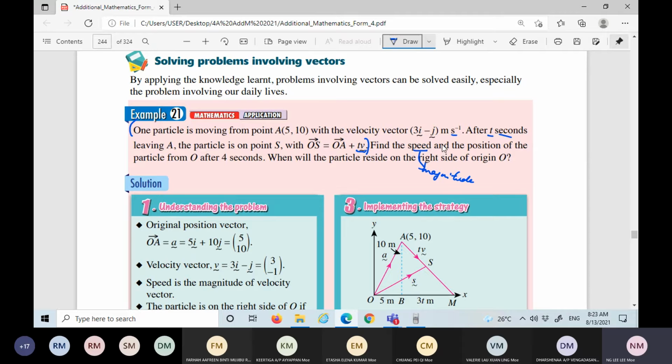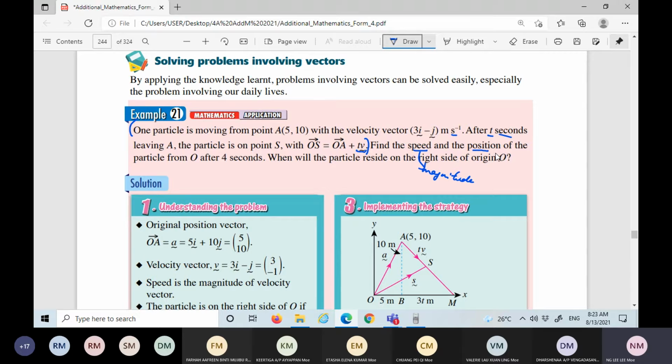Find the speed and the position of the particle from O after 4 seconds. So they want the position also, means the OS when the t is 4. This is the first part.